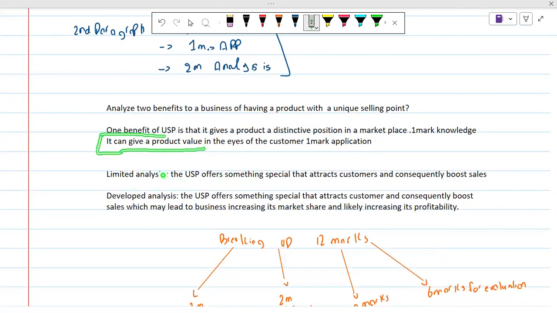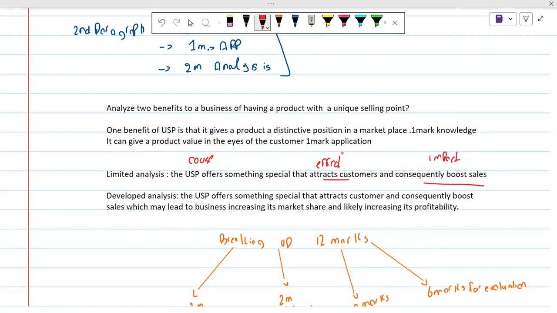Now see the limited analysis and developed analysis. If you write this analysis, you will get 1 mark. If you write this analysis, you will get 2 marks. In limited analysis: the USP offers something special. The USP is the cause. Special that attracts customers is the effect. And consequently boosts sales is the impact.